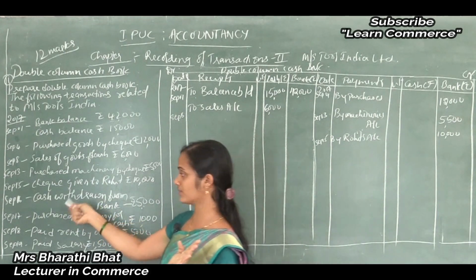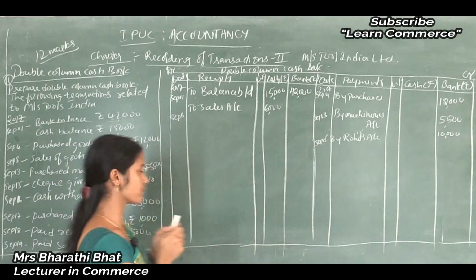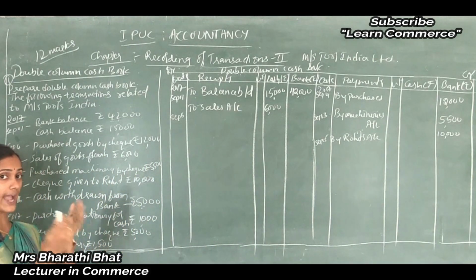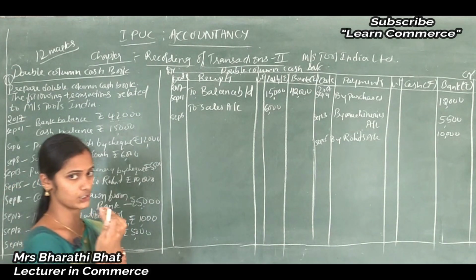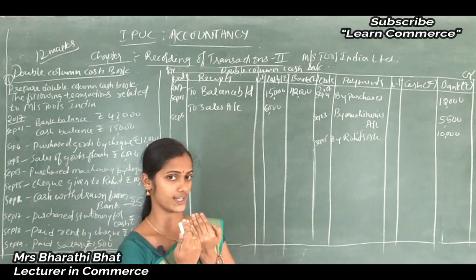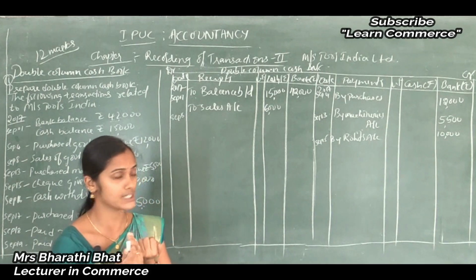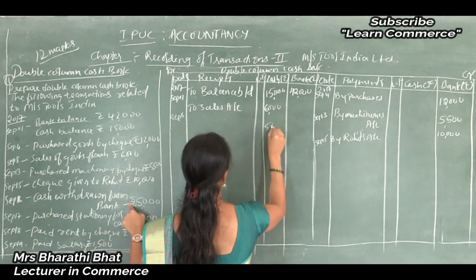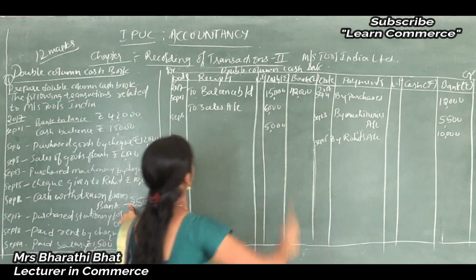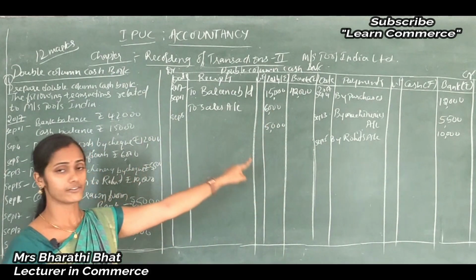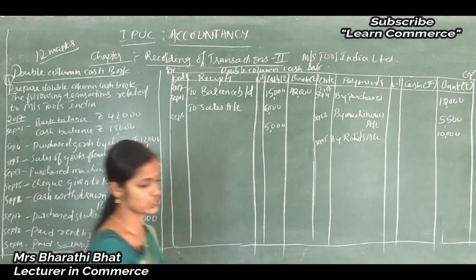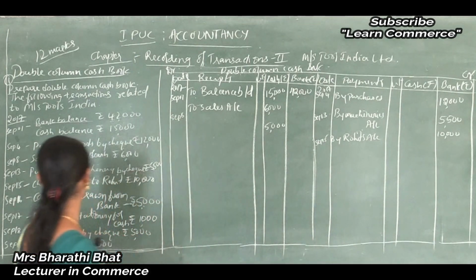Give concentration. Cash withdrawn from bank. So cash withdrawn, cash comes to the organization. Then it means receipts, correct, right? So write 5,000 on the receipt side, in the cash column.